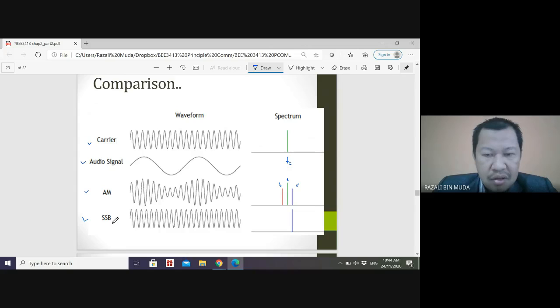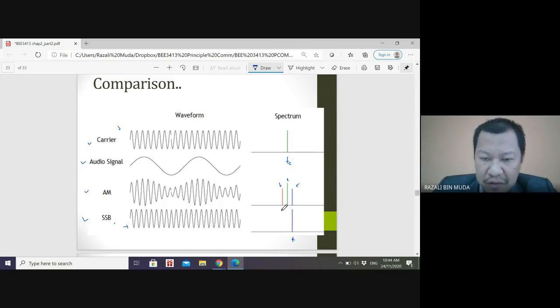But for SSB or single sideband suppressed carrier, the signal is almost similar to the carrier signal. The frequency is almost similar to the carrier, but it is slightly higher. This is the carrier, and this is only one sideband, slightly higher.